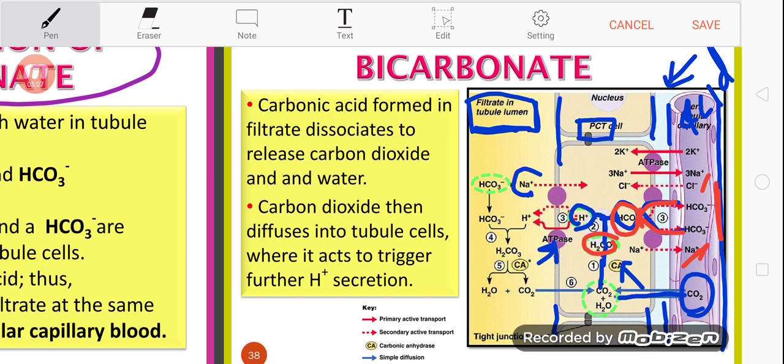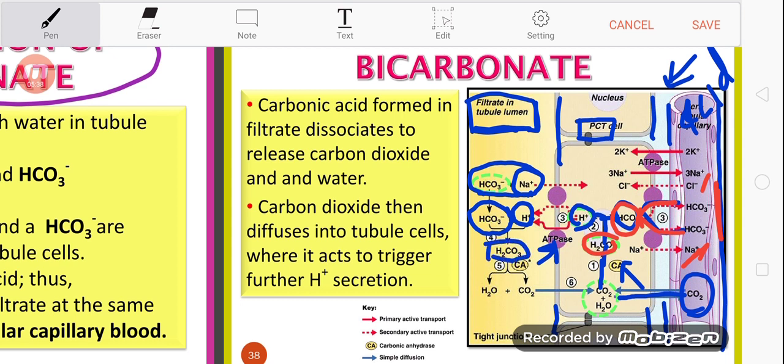Once H plus is in the lumen, in the filtrate in the tubule lumen, this H plus will associate back with bicarbonate ion, and this bicarbonate ion comes from the buffer system, sodium bicarbonate. It will use the bicarbonate ion to associate with the new H plus, forming carbonic acid.